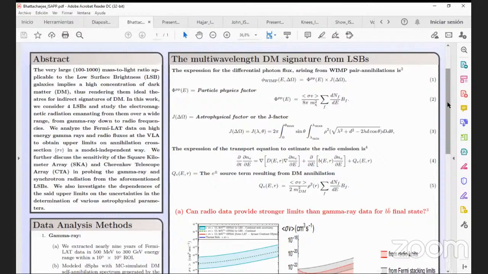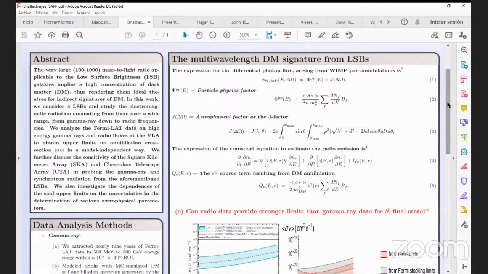This is a product of 2 factors. One is the particle physics factor, which depends on the dark matter annihilation channels, its mass, or other properties. The other is termed the astrophysical J factor, which depends on the shape or distribution of the dark matter.